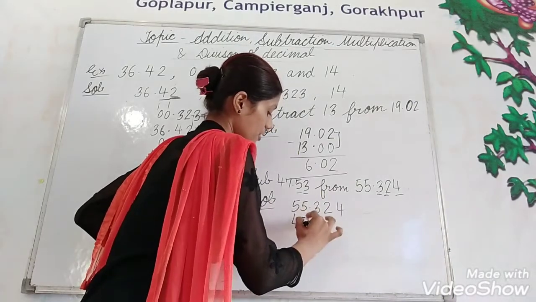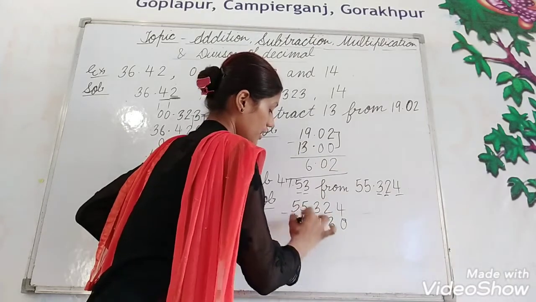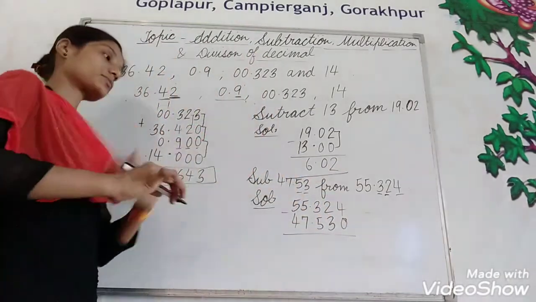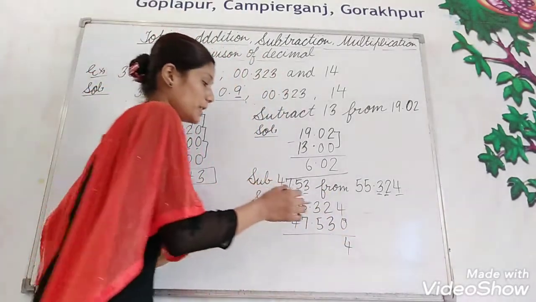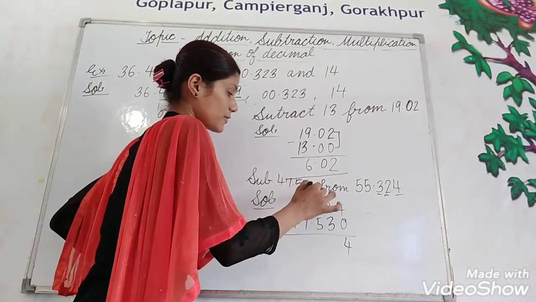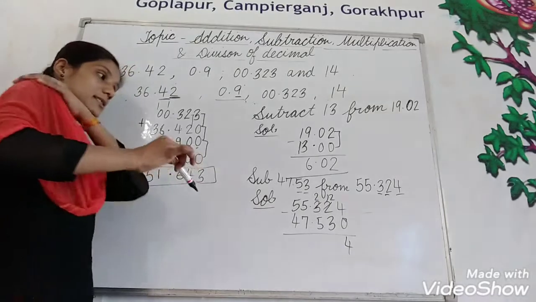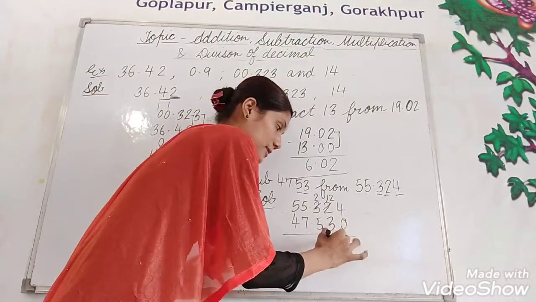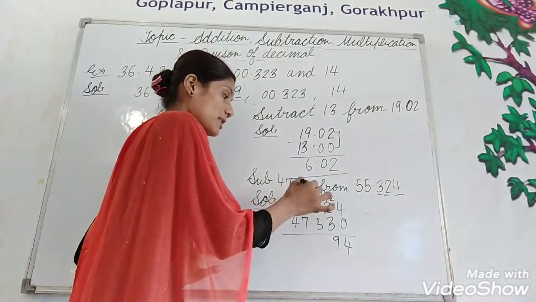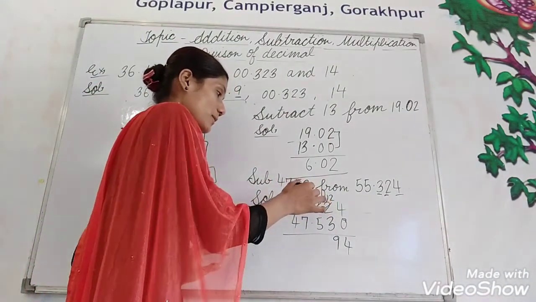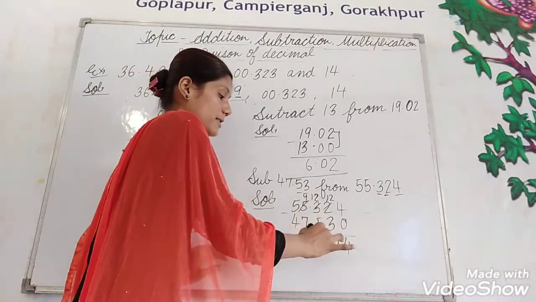Write 47.530. 4 minus 0 is 4, and here 2 minus 3 is not possible, so we take a carry from here. In the place of 2 it becomes 12. 12 minus 3 is 9. And here again 2, so we take a carry from here, and in the place of 2 it becomes 12. 12 minus 5 is 7.